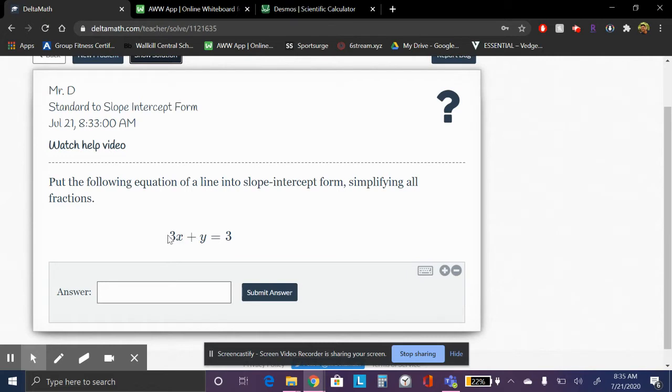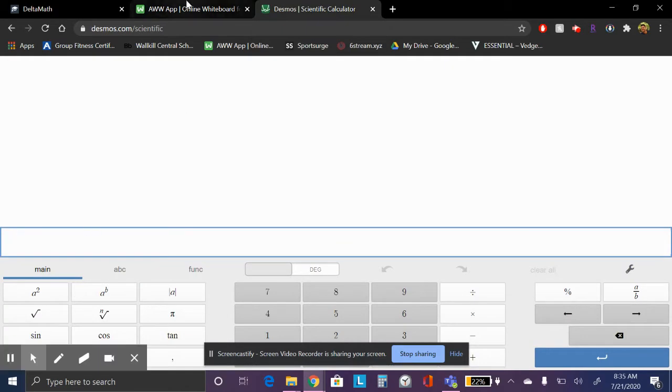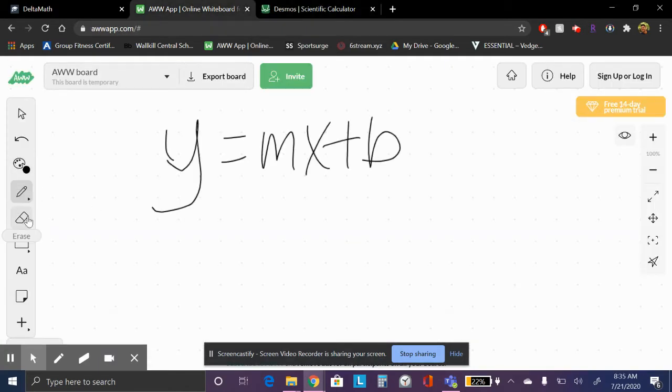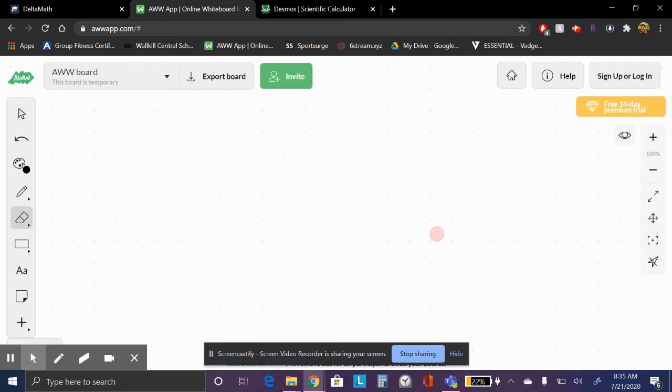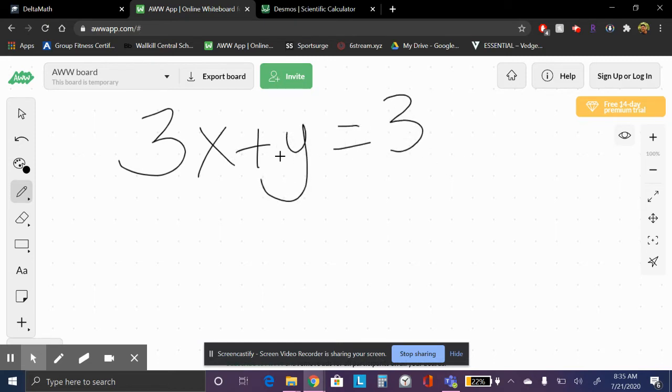So if I have this equation right here, 3x plus y equals 3, I have to get y by itself and simplify the right side as much as possible. So in order to get y by itself, draw my line down my equal sign.